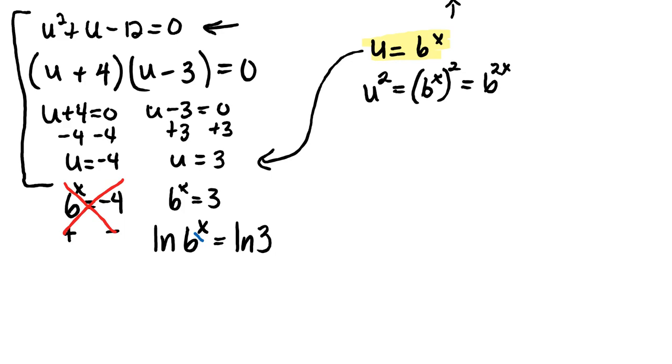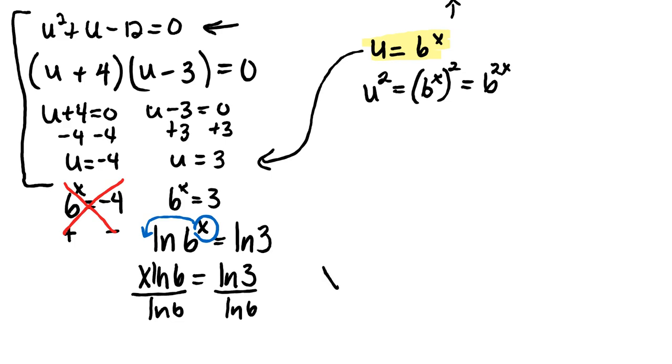Then I can use the power rule to get that variable out of the exponent, and I wrote 6 instead of 3. So then I can get that variable by itself by dividing by natural log of 6 on both sides, and that gives me my solution of x equals natural log 3 over natural log 6.